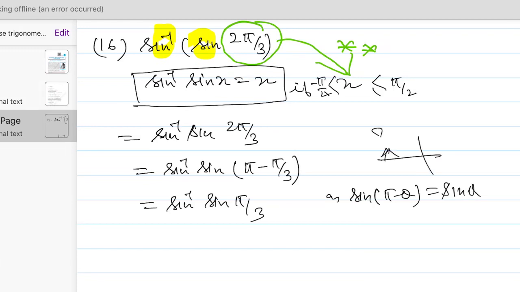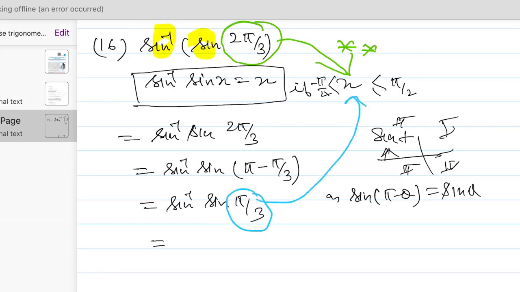In the second quadrant, sine is positive. First quadrant, second quadrant, third quadrant, fourth quadrant. So now this angle comes within the range of the sine inverse function. It lies between these two. So the answer will be pi by 3.